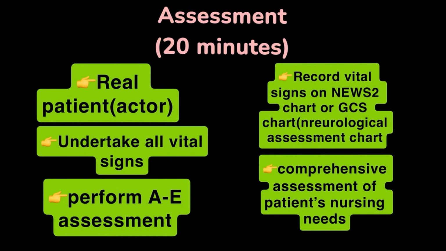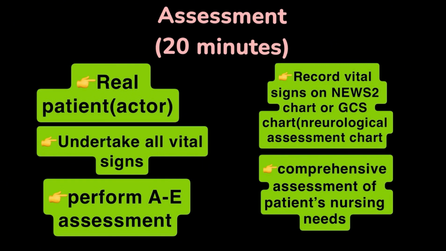Then after the documentation, you have to come back to the patient and tell them all the results: what NEWS 2 score you got, what GCS score you got, and what you will do further for management if there is anything irregular in the vital signs.